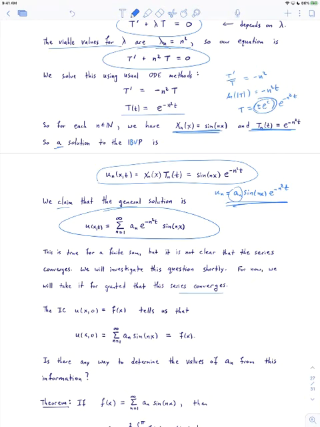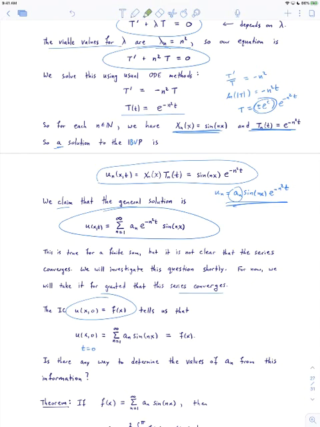So we have an initial condition, which is that u at x comma 0 is equal to f at x. That tells us how to find the constants a sub n, in a roundabout way. We can plug t equals 0 into this solution to see what happens.